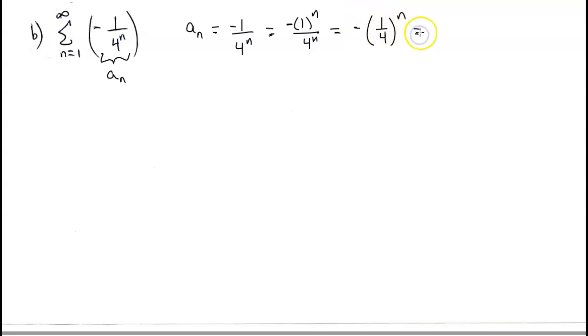And thus, the negative hanging out there could be understood as a -1. I could rewrite that like this. And one more step, I could actually do this as well. Let's try to get those 4s looking a little better here.